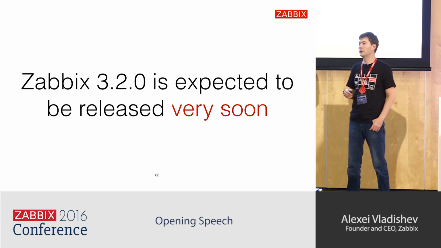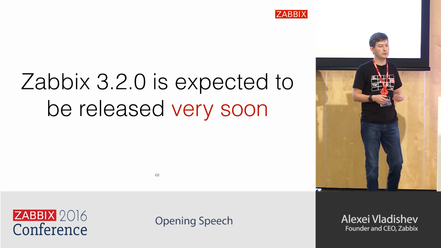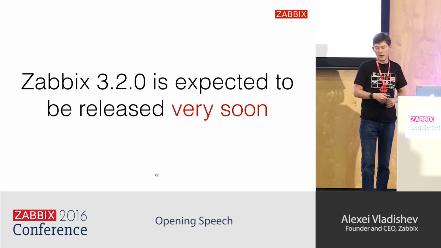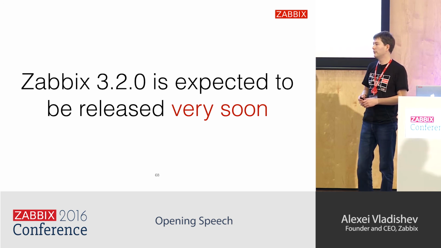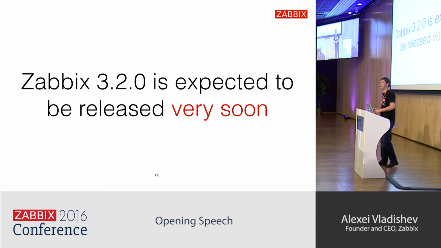It's basically for testing only, for finding new bugs and issues. I would expect that Zabbix 3.2.0 stable will be released in a couple of weeks' time at the latest, because it's already pretty stable. We just need to finish the final testing, and it should be released very, very soon.